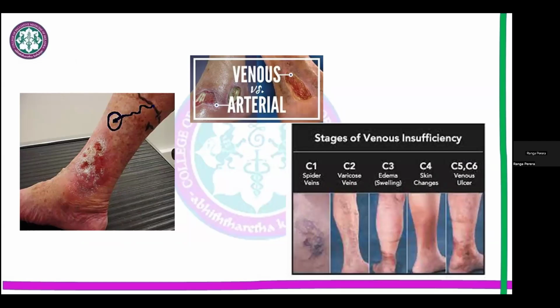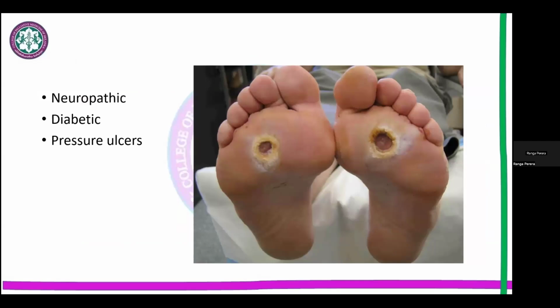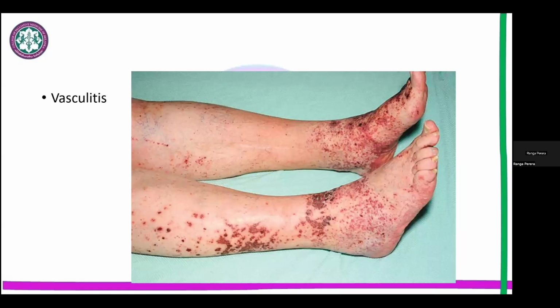I think Tushan has spoken about those areas. And then neuropathic ulcers, diabetic ulcers, or pressure ulcers, which you can see at various sites and shapes. All these things will help you to identify these kinds of neuropathic ulcers. Sometimes chronic wounds are also due to vasculitis, in systemic inflammatory problems.